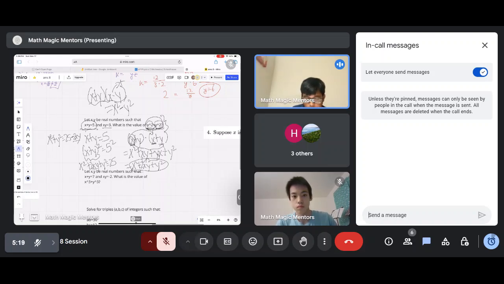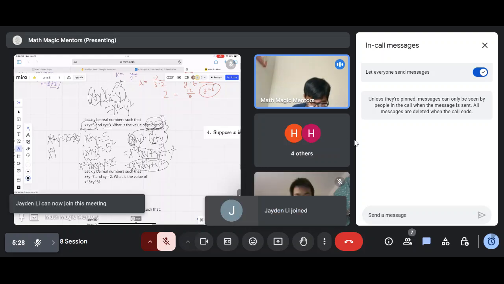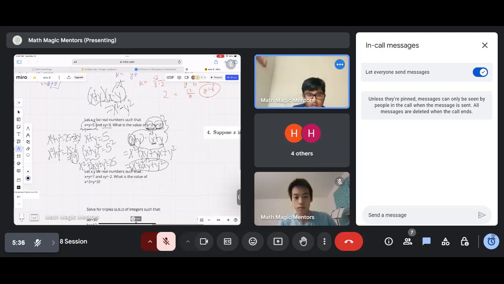So the value of 2xy is going to be 2 times 3, which is 6. If you subtract the 6 from here, you get x squared plus y squared equals 25 minus 6, which is 19. So the answer we want in this problem is 19.